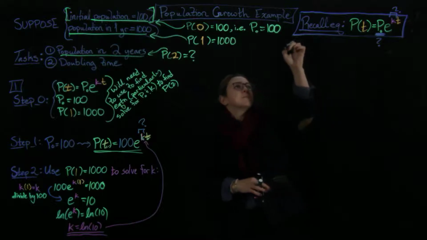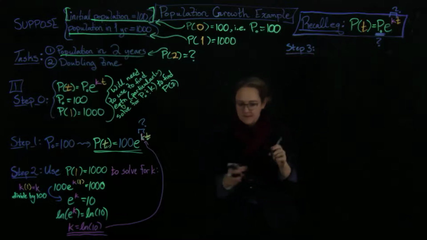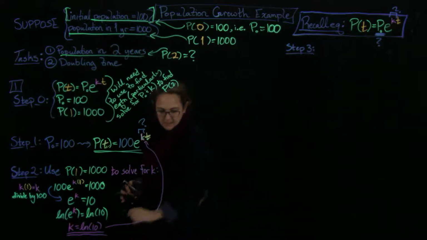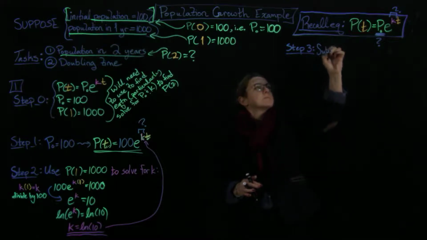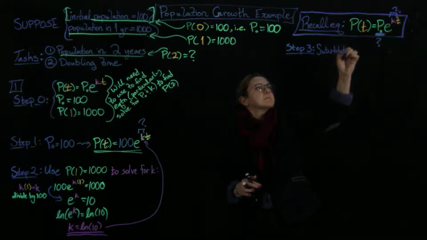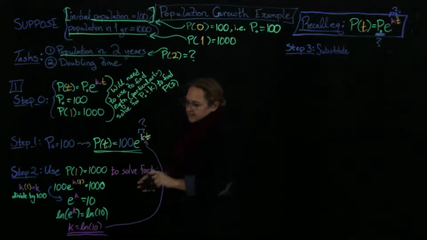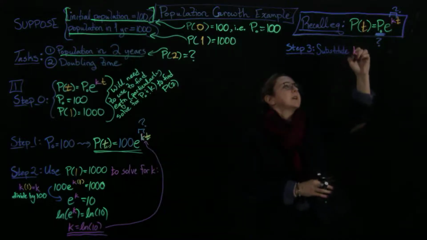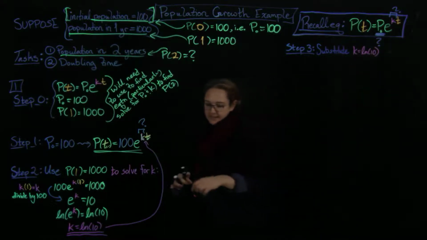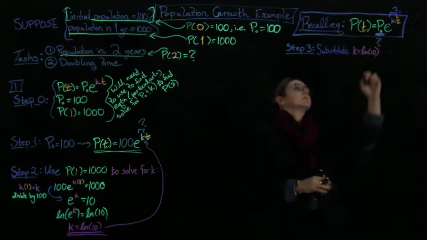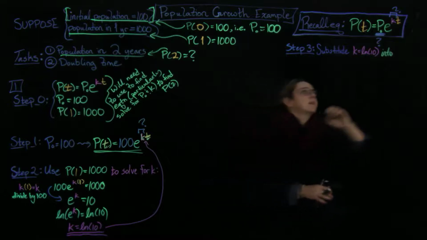So step 3. What I want to do in step 3 is to substitute k equals the natural log of 10 into this other equation, what I have now, which is this right here.